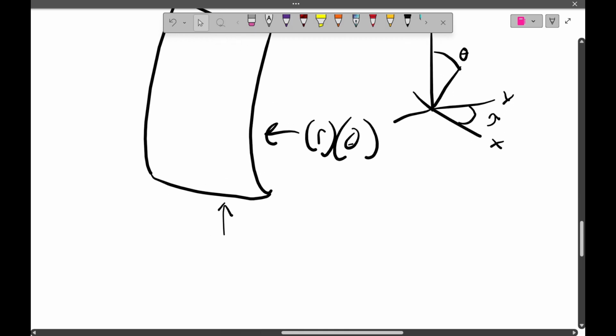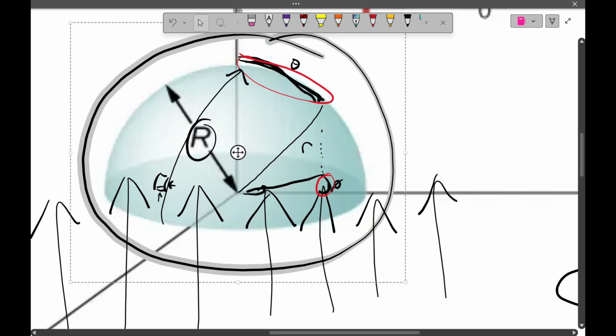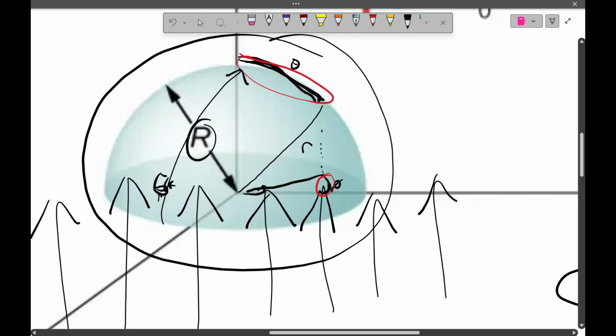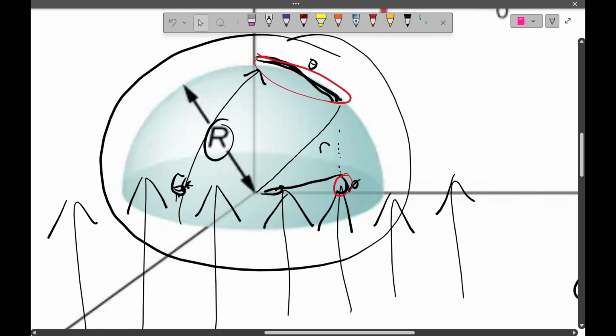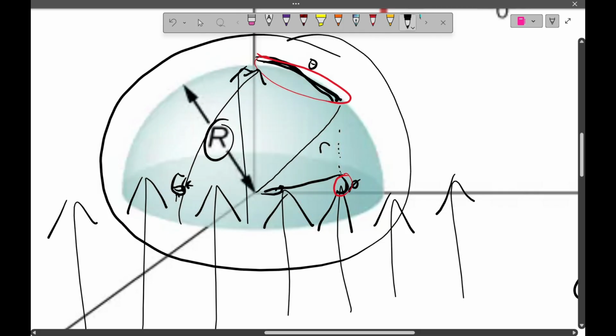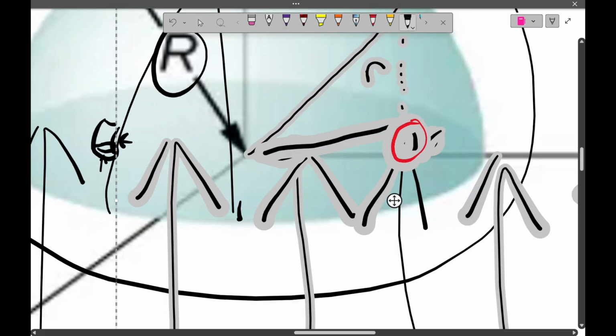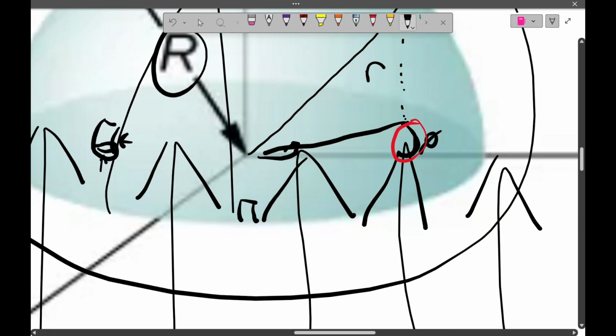But the problem is, as you move up through this hemisphere, your bottom arc width, you could call it, is shrinking. Why? Because as you move up this thing, as you're taking that integral, let's start with a little piece, infinitesimally small piece of the hemisphere down here. Drawing it right here.